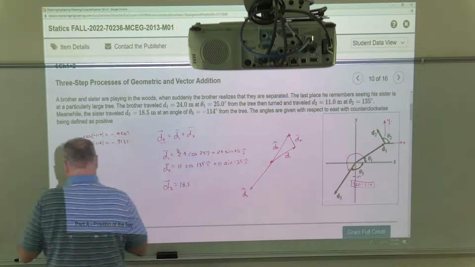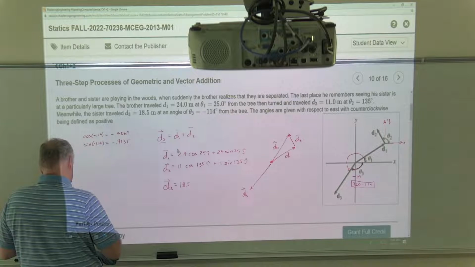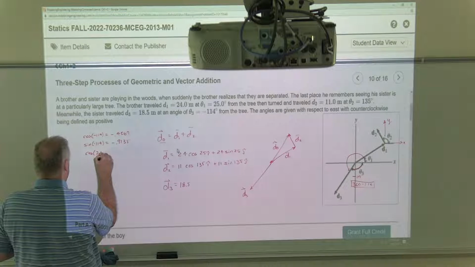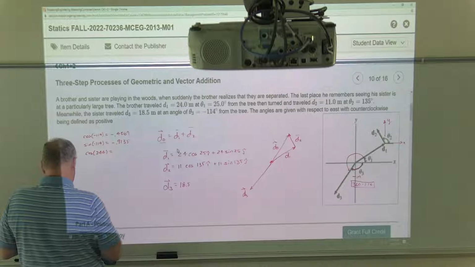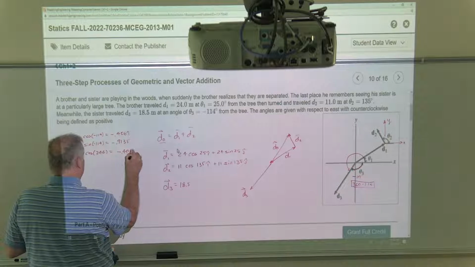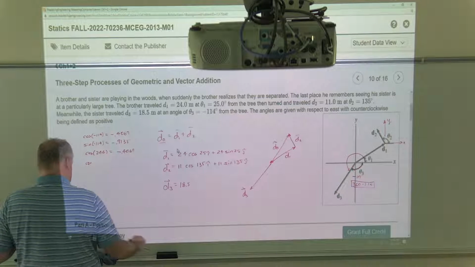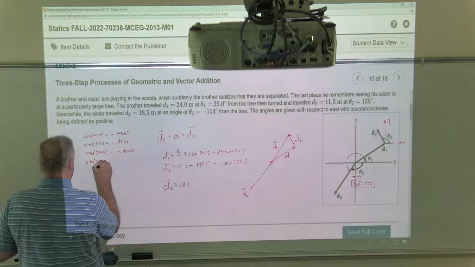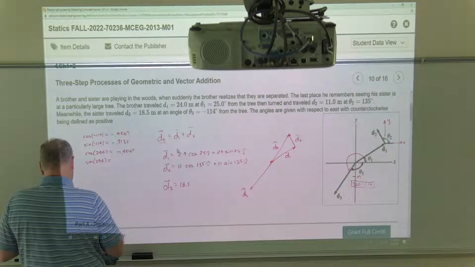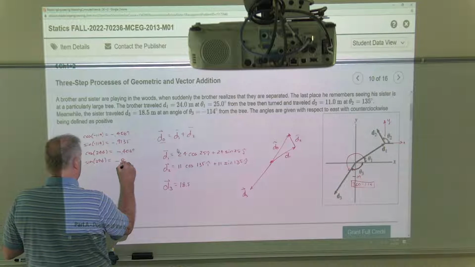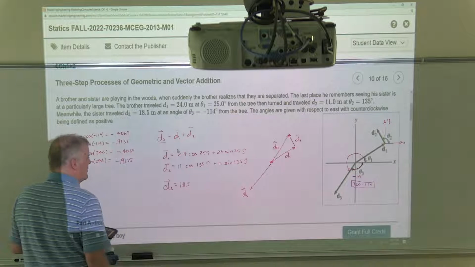But if I take 360 and take off 114, that's 246. So cosine 246, guess what? Minus 0.4067. Sine 246, it's the nature of these things, minus 0.9135. So they're both the same thing.